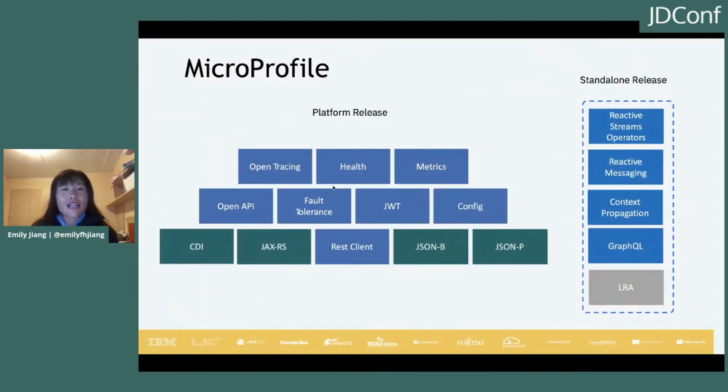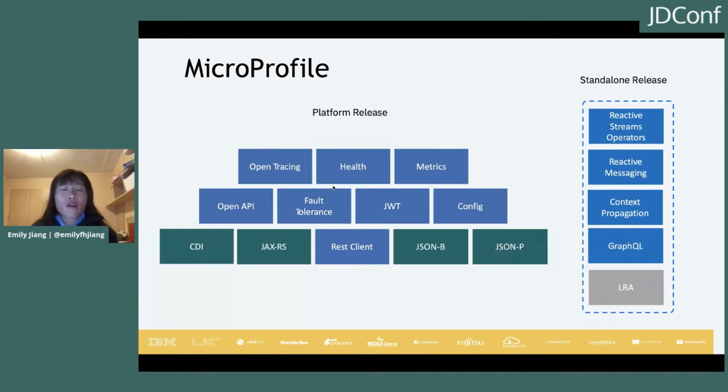So this is a quick look at the building blocks of MicroProfile. It has 4 specifications borrowed from Jakarta EE: CDI, JAX-RS, JSON-B, and JSON-P, and it also created its own 8 specifications.